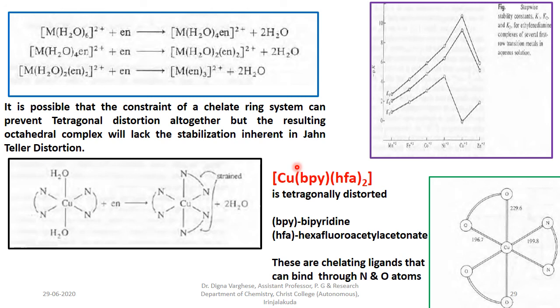It is possible that the constraint of a chelate ring system can prevent tetragonal distortion altogether, but the resulting perfectly octahedral complex will lack the stabilization inherent in Jahn-Teller distortion.